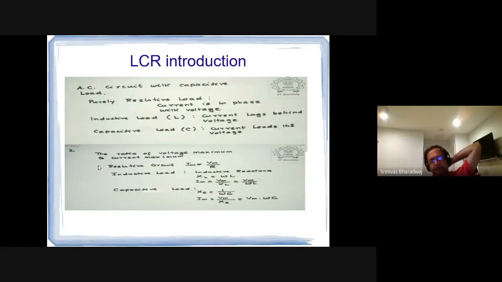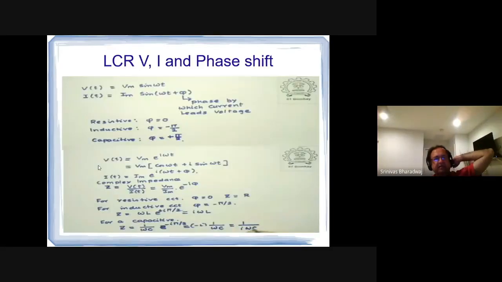So purely capacitive circuit, purely resistive circuit, there is no phase in a purely resistive circuit. Inductor lags behind, capacitor leads the voltage. Okay, and all this is the introduction of the LCR circuit.